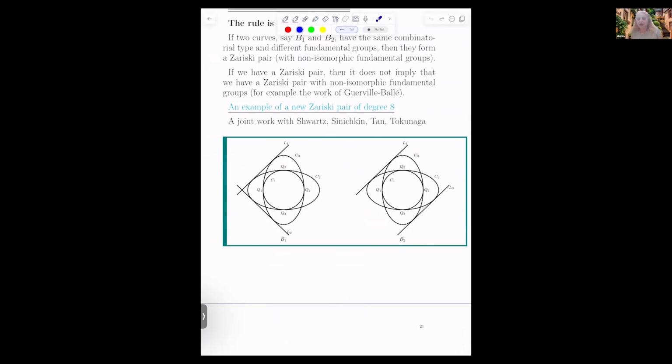Do they have the same number of connected components? Yeah, it must have. Actually, I want to tell you about this: Tokunaga studied some of these pictures.